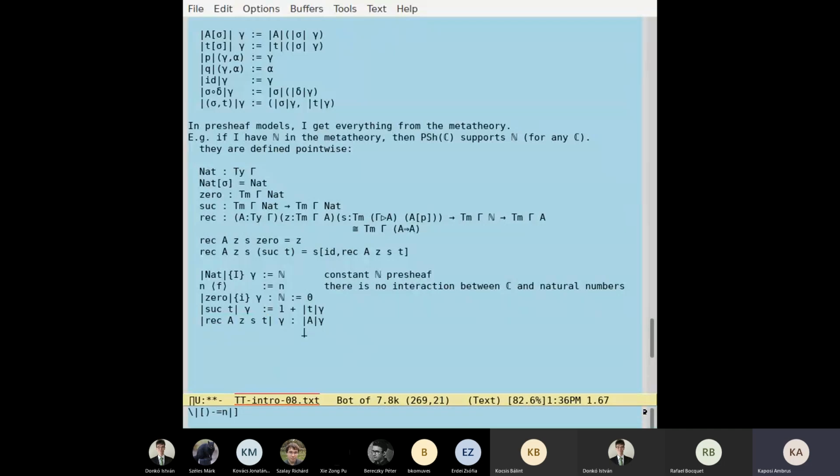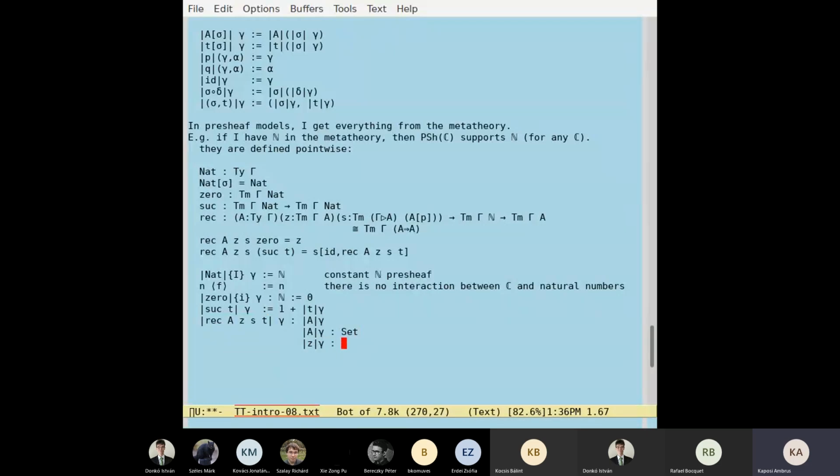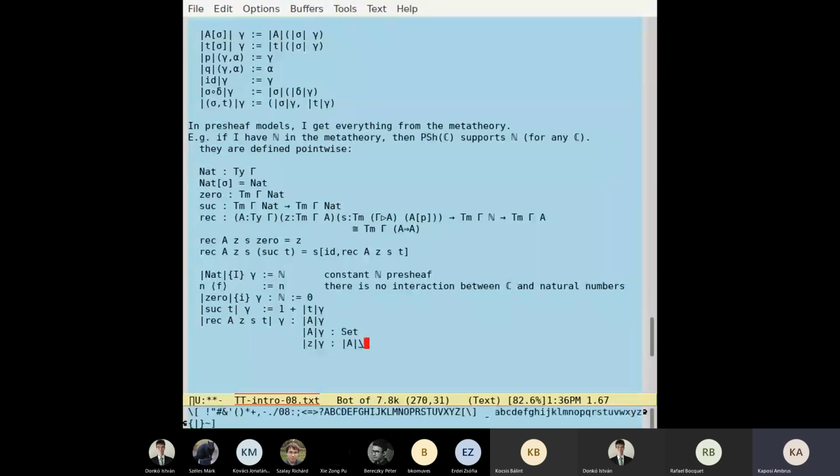So let's see, I have A at Gamma is a set, right? Z at Gamma is an element of A at Gamma. And what's the type of S?